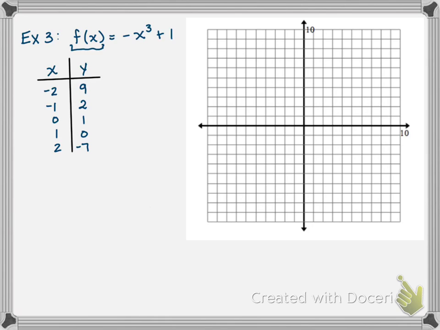So when we have a negative x to the third like that, it's not saying that we're going to take the opposite of negative 2 and then cube it. It's saying that you want to cube negative 2 first and then take the opposite of that. So it's like negative 1 times x to the third. So that negative is happening after the exponent, not before it.